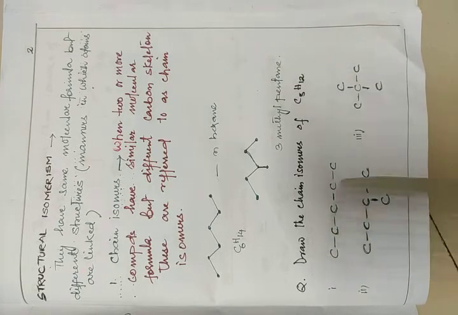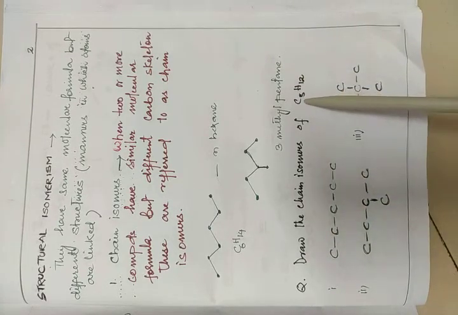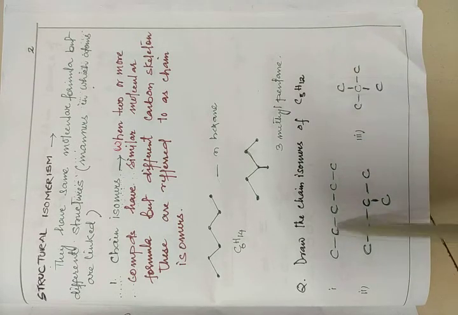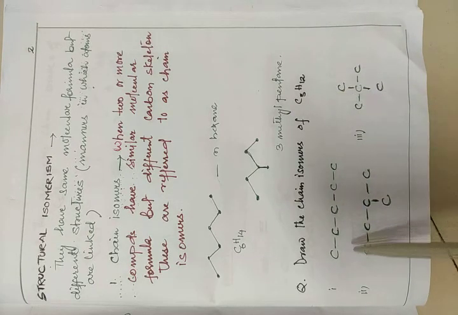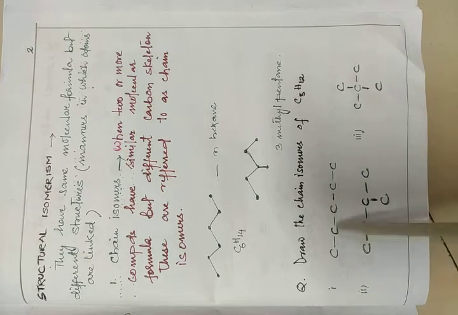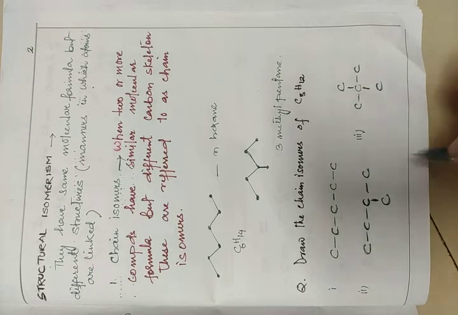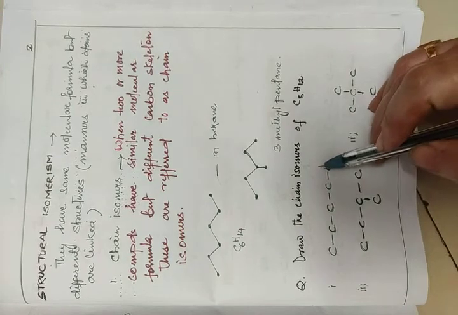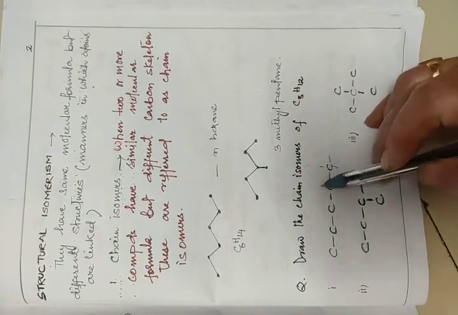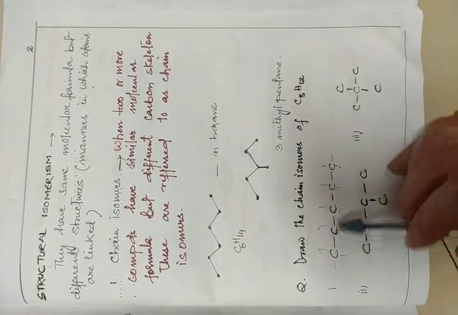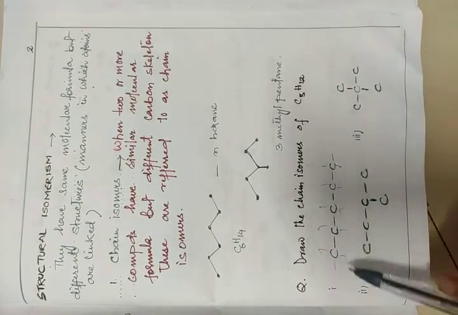Then we will see some questions. For C5H12, draw the different possible structures. We can draw 1 2 3 4 5, five carbons. I am not showing the bonds, but we can understand that these bonds are attached to hydrogen only, so hydrogen is 12.